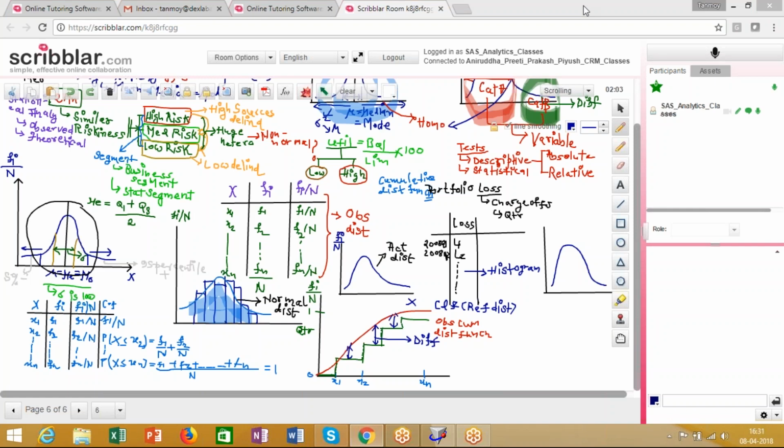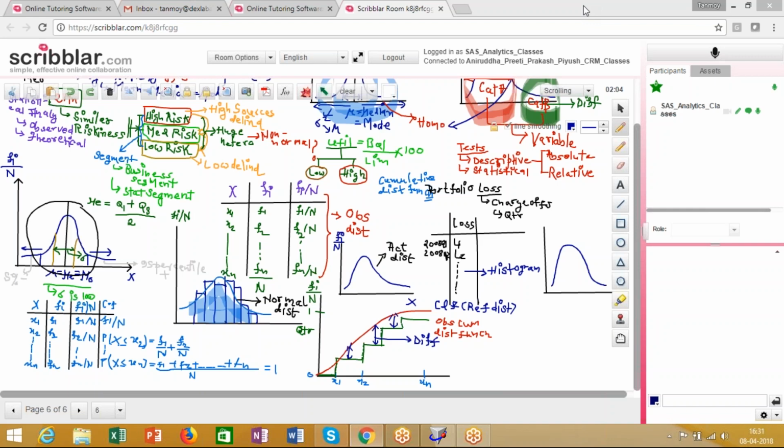So with this, we come to the end of our discussion on probability distributions. We have completed the measures of descriptive statistics, which included measures of central tendency and measures of dispersion, and we have also completed probability theory. Within probability theory, we have completed the basic theory, the classical theory, the axiomatic theory and the mathematical theory of probability.